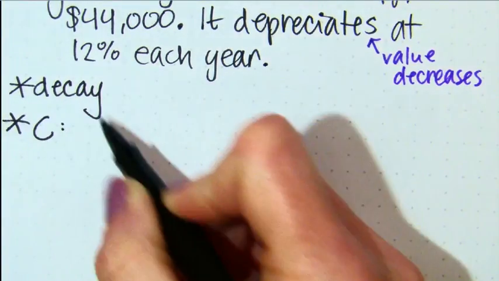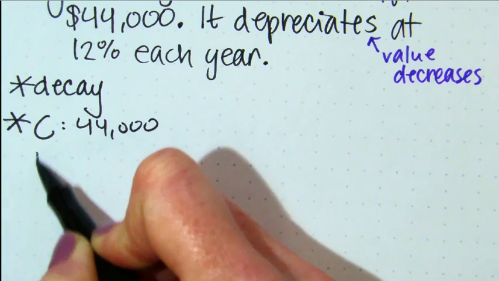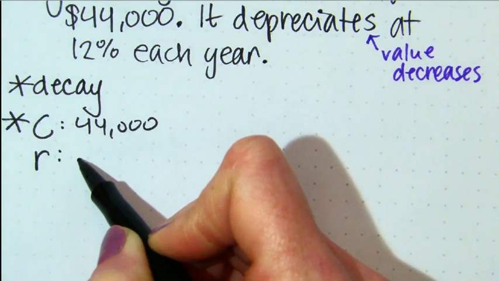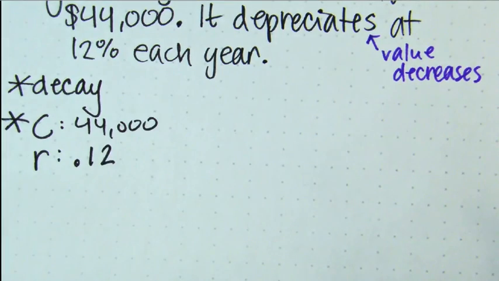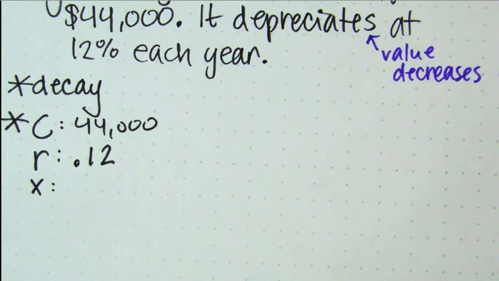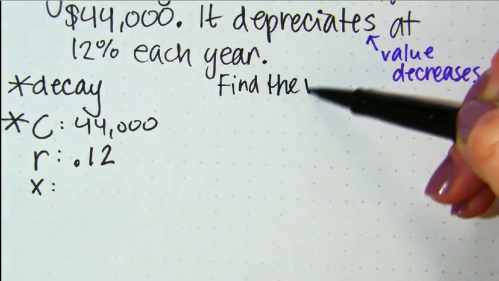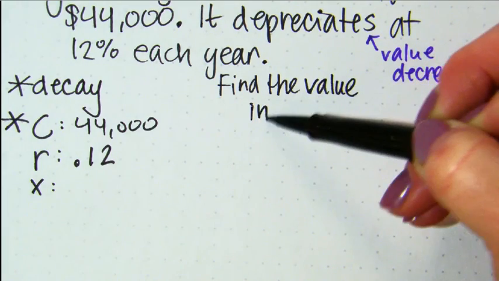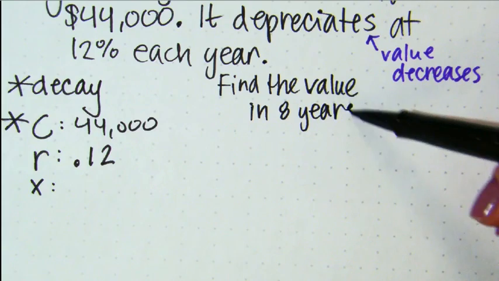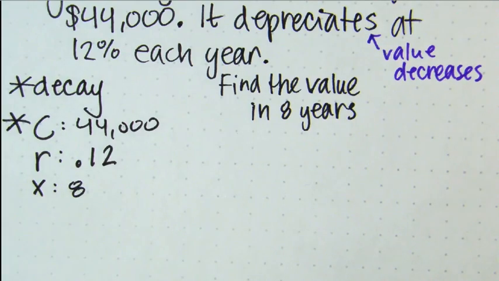So my initial amount is 44,000. My rate is 12%, 0.12. And the input value, oh, where's my question? That's the part we need. Sorry, guys. Find the value in 8 years. So our input is going to be 8 for the 8 years.